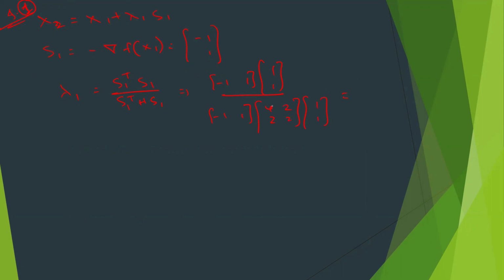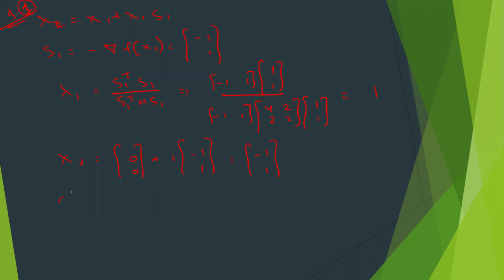If we simplify this and divide, I get 1. So from this I can find my x2. x2 is equal to x1, the given starting point 0 comma 0, plus 1 into minus 1, 1. So I get minus 1, 1. So this was my x2 point.